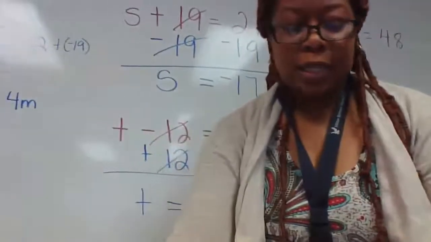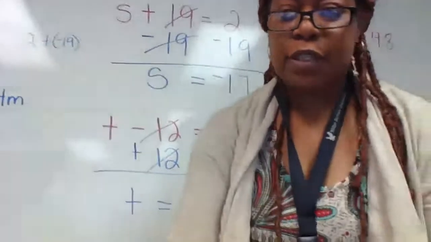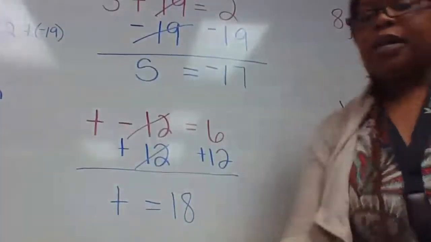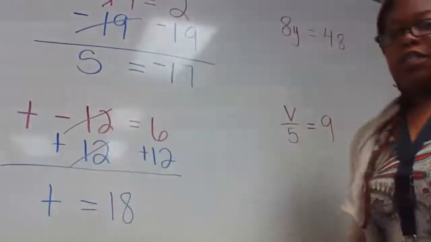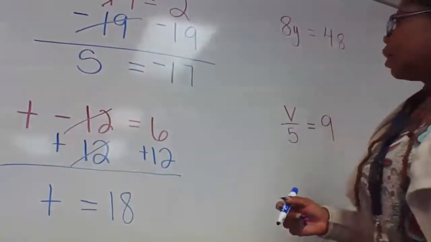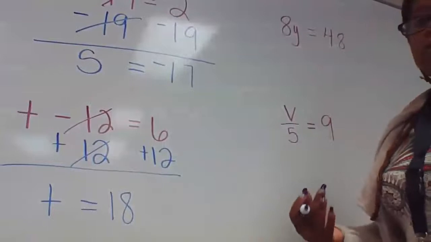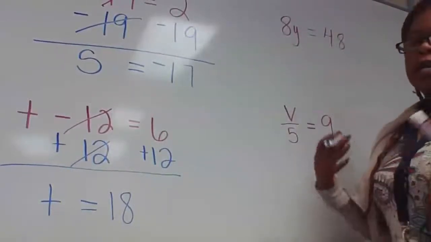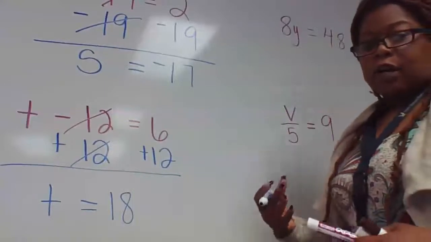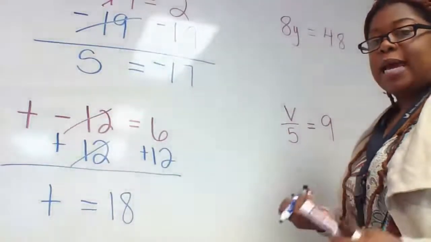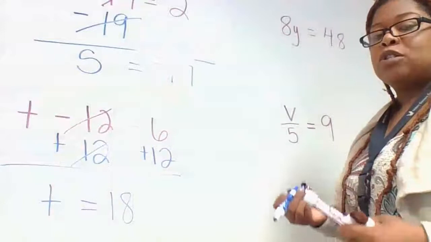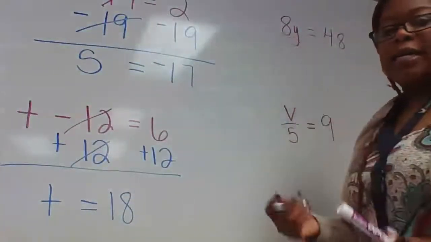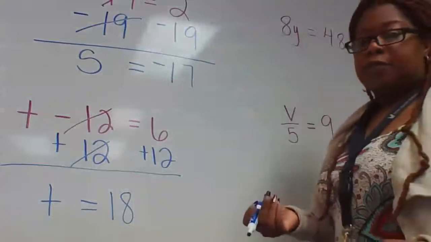This is where it gets a little bit tricky and confusing for some of you when you start seeing the different operations that are not addition and subtraction, which is why I wanted to point out ways that they are displayed. So whenever you see a number and a letter next to each other, or a number and a variable, that signifies multiplication.